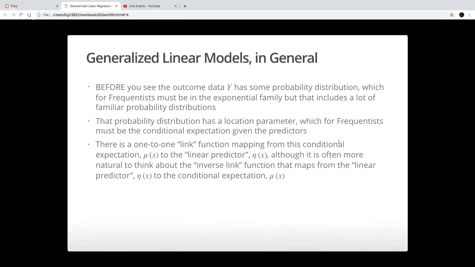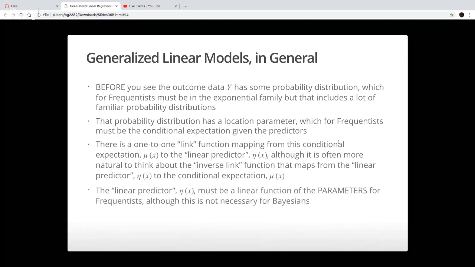This link function needs to be one-to-one, bijective, so you can invert it. So it's usually more natural to think about the inverse link function going from eta to the conditional mean of whatever distribution you're using for the outcome data before you see it.